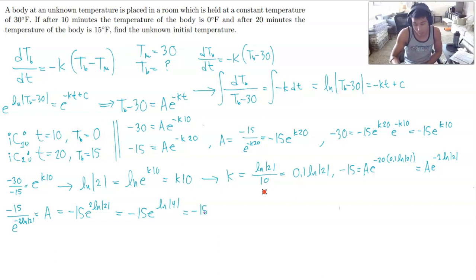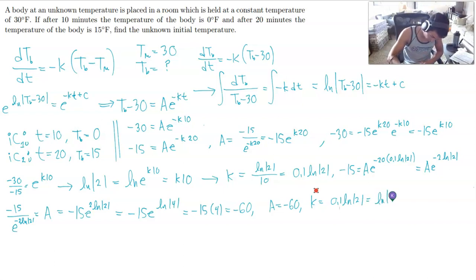I don't know, I wanted to make it harder, right? Times 4, which is negative 60. So a is equal to negative 60, k is equal to 0.1 ln2. And you could write this, if you wanted, as ln2 to the 0.1. Maybe it looks nicer that way to you.